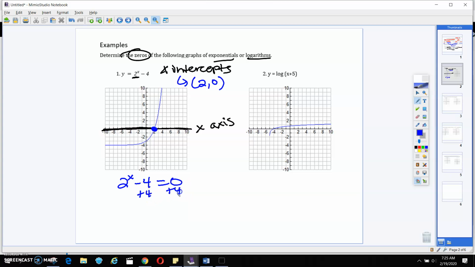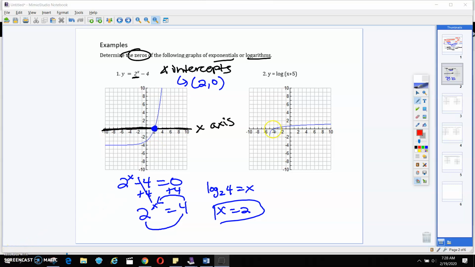We're going to add 4 to both sides, and that's going to give me 2 to the x equals 4. Now, how we're going to solve this is we're going to put this into log form. We're going to start at our base, go to the outside, go to the exponent. So this is going to be log base 2 of 4 equals x.